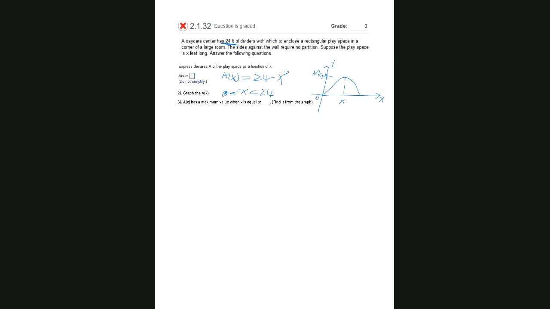So this looks like we have 24x. I'm sorry, there's an x in here. So when x equals 12, this is the max. Find it from the graph. So when x equals 12 feet, your y will be the max. All right. Did I answer your question, Abigail?